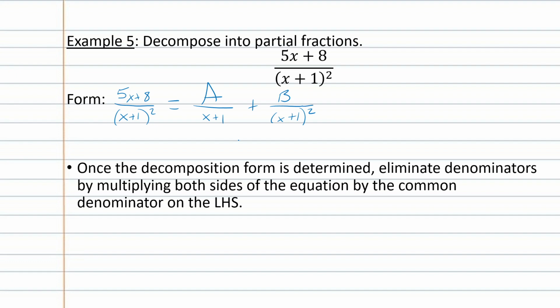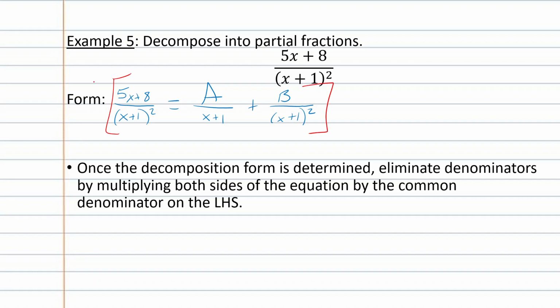Now that we've found the decomposition form, we need to eliminate the denominators by multiplying both sides of the equation by the common denominator on the left-hand side, which is x plus 1 all squared.